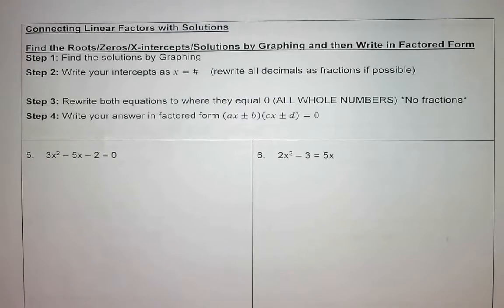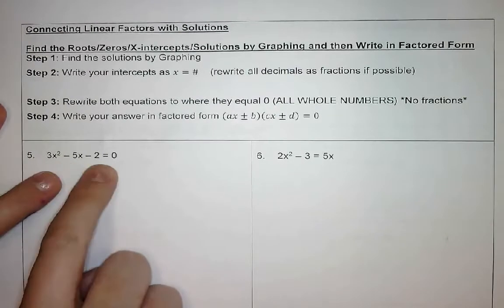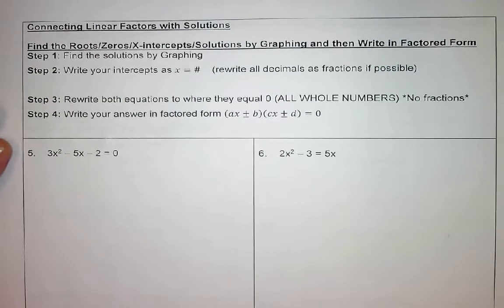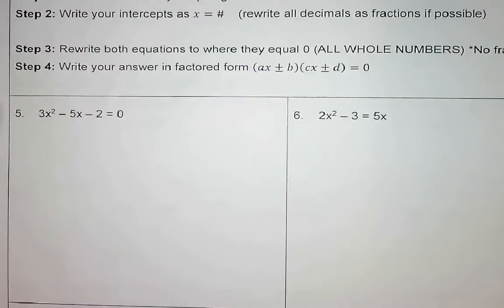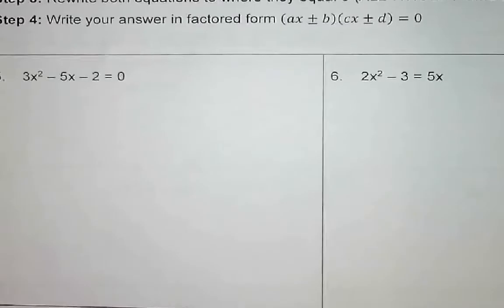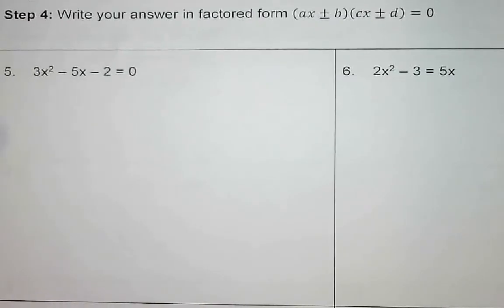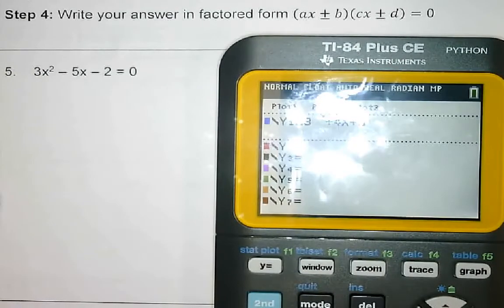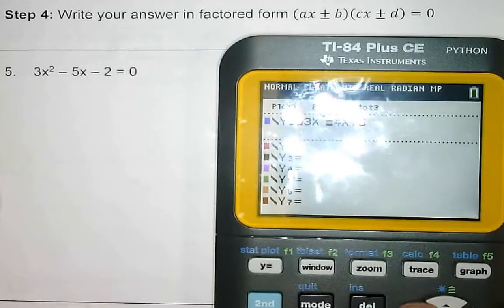So we're going to go to y equals 3x squared minus 5x minus 2. Since it's already equal to 0, we don't have to do anything special. I'm going to hit graph. Awesome. I see there's 2 solutions.